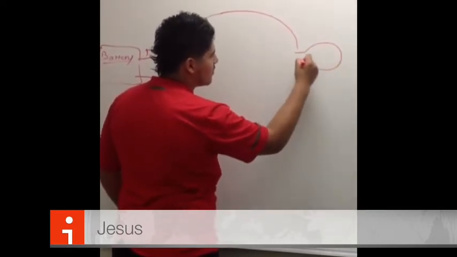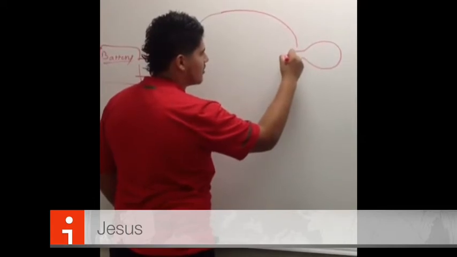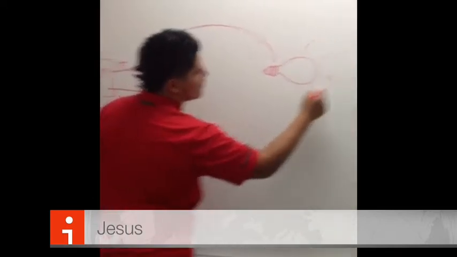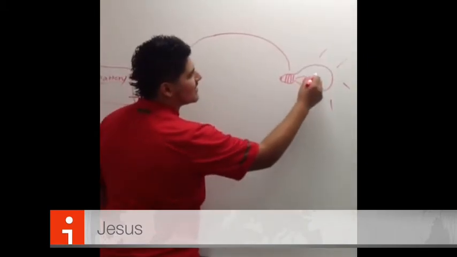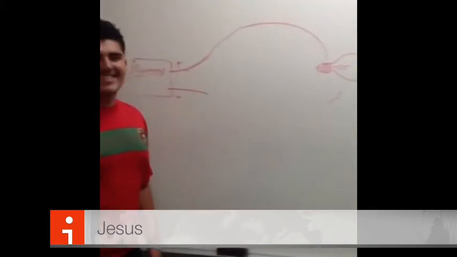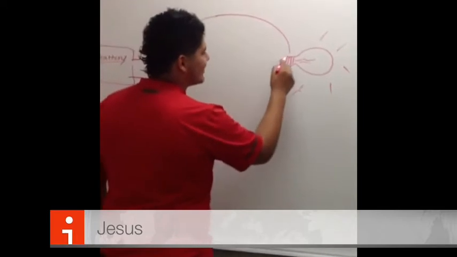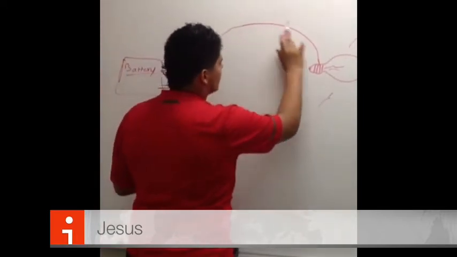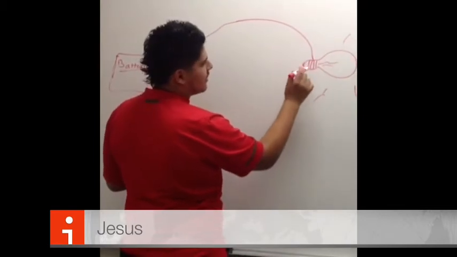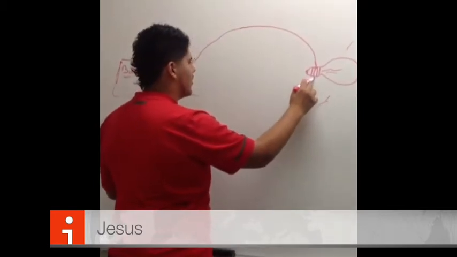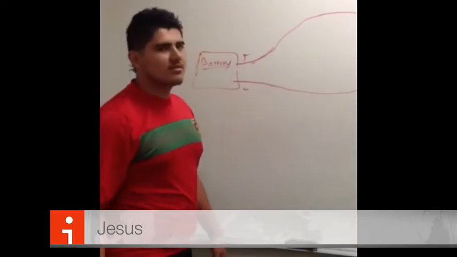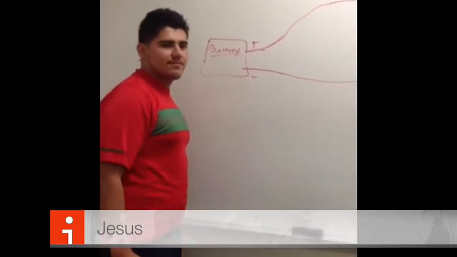I don't know how to draw it, but I'll do my best. Look! Once they hit this, it's a current going to the light bulb. Not lit up yet, but then you get that, and then it goes, and then there you go. You got your circuit. Your simple circuit.